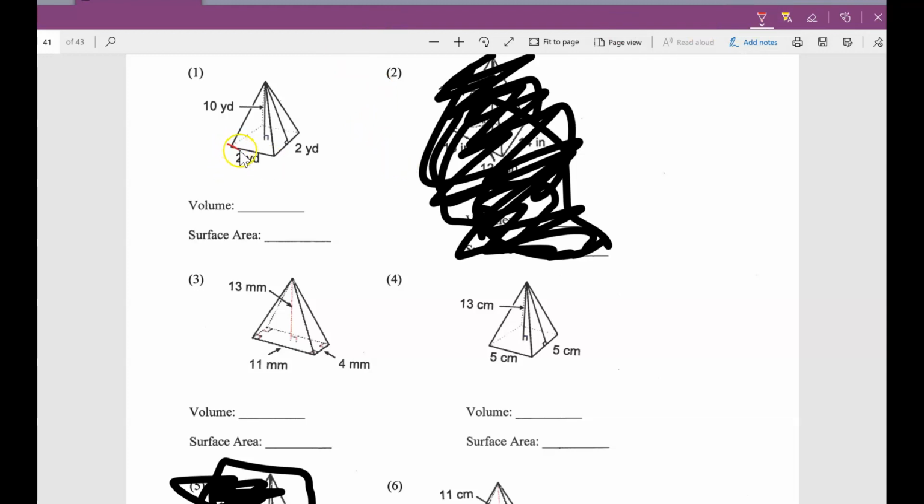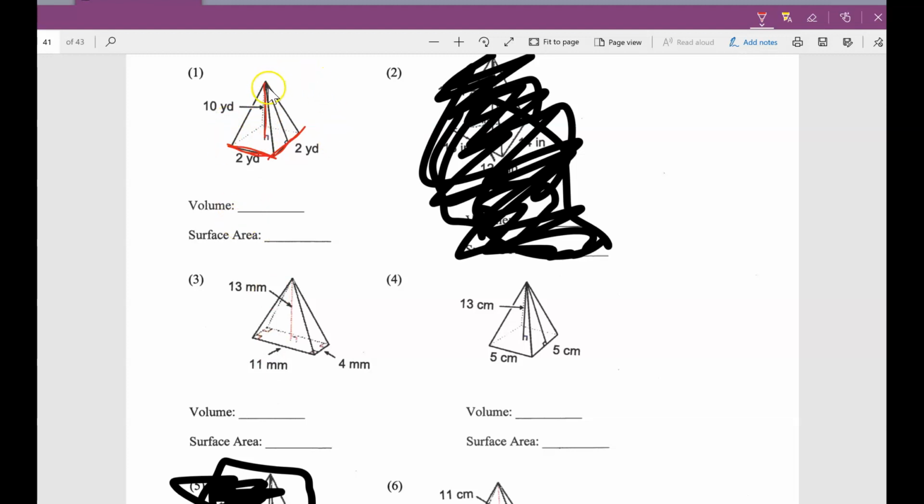We need to do our left to right measurement, which in this example is 2 yards. We need to do our front to back measurement, which in this example is also 2 yards because the base is a square. And we need to look for our floor to the ceiling measurement, our straight up height. And that's this, which is 10 yards.